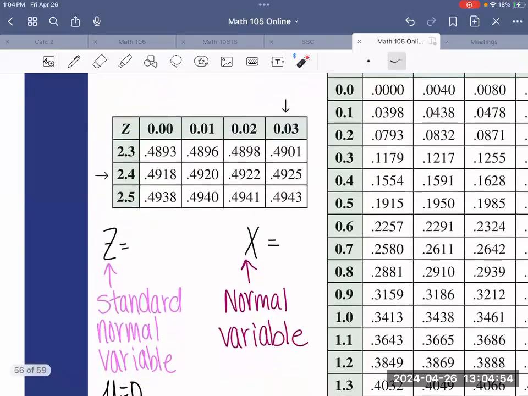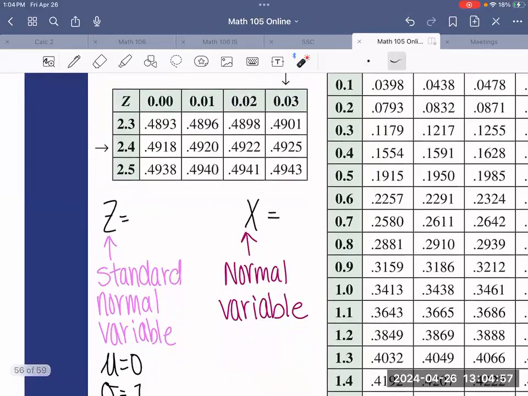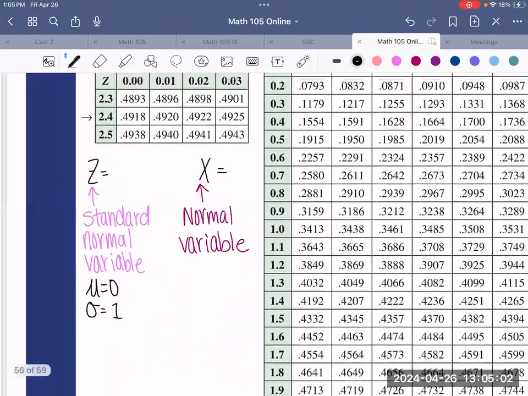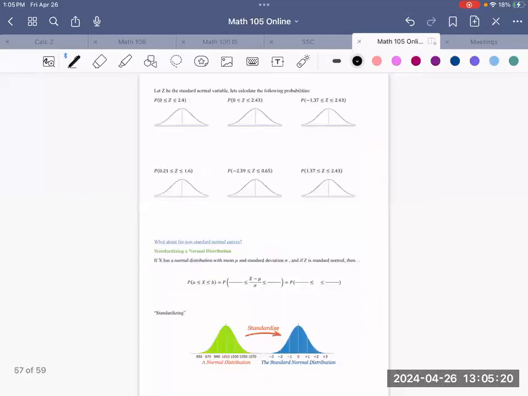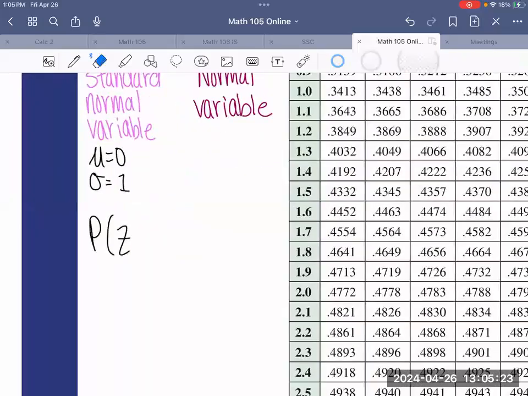So in order to read your Z table, first thing we're going to do is just a couple tests. So let's say I wanted to calculate the probability that Z is between 0 and 2.30. I'll write it like this: the probability that 0 is less than or equal to Z, which is less than or equal to 2.30.